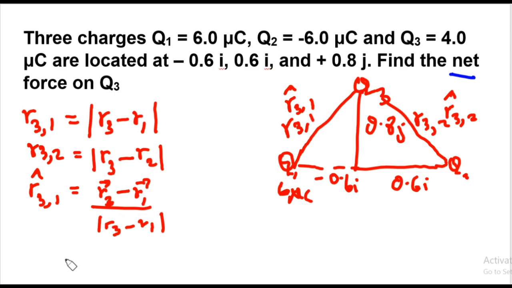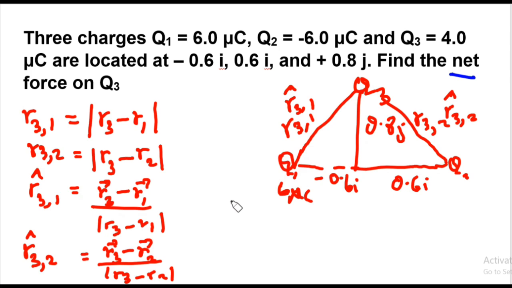Similarly, for R32 hat, we have it as R3 minus R2 upon the magnitude of R3 minus R2. So we shall be making use of this to further solve the problem.